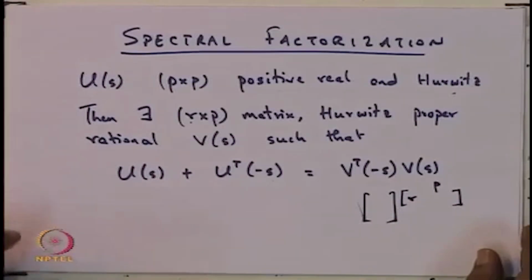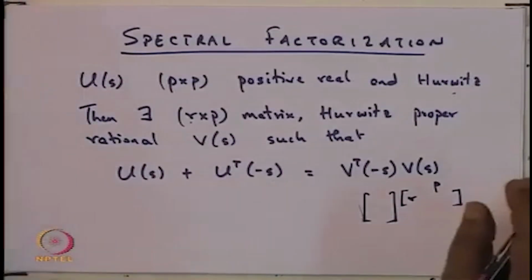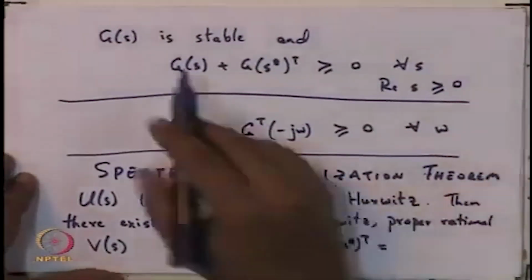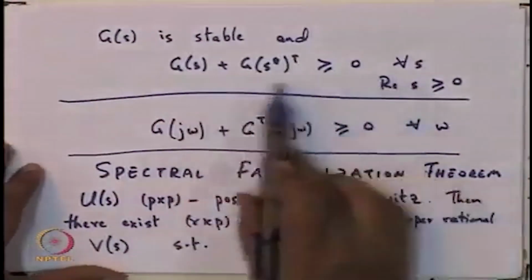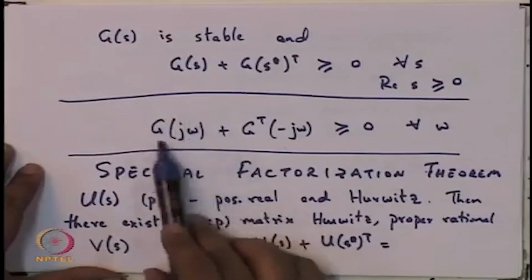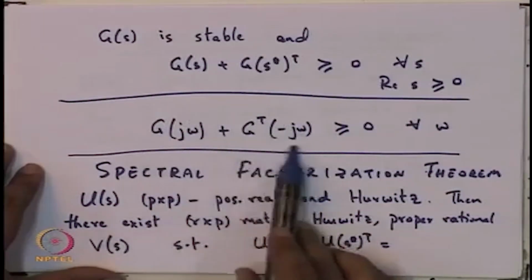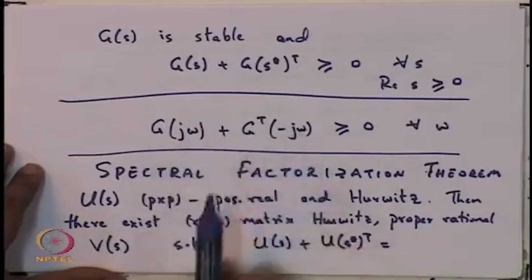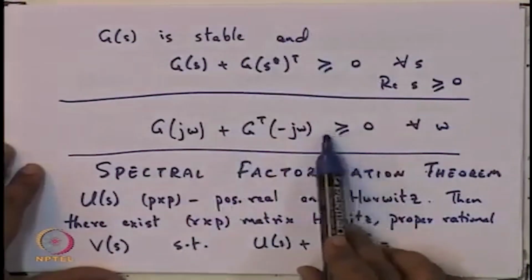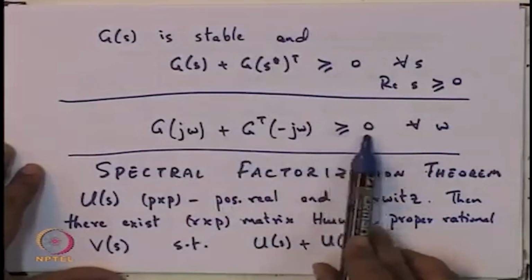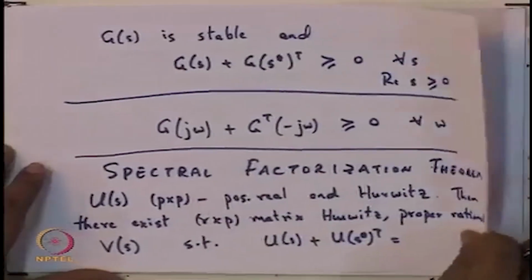Now, earlier we had said G(s) is stable, and therefore this thing holds. But you see G of j omega plus G transpose of minus j omega. If you look at the imaginary axis, you are saying that on the imaginary axis it's positive definite, if you think of this as matrices.